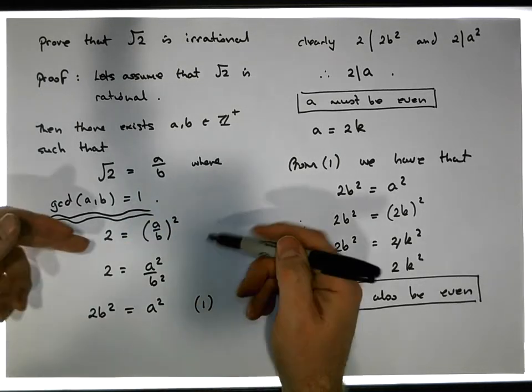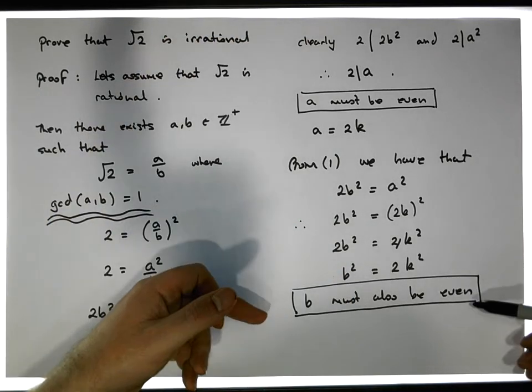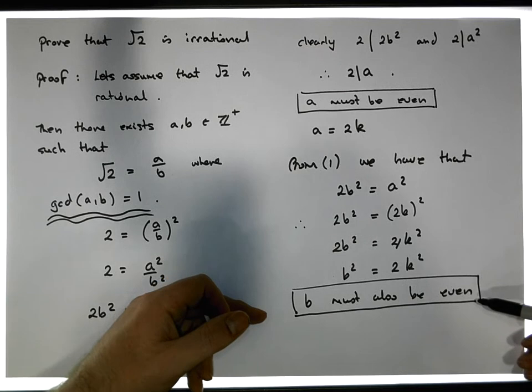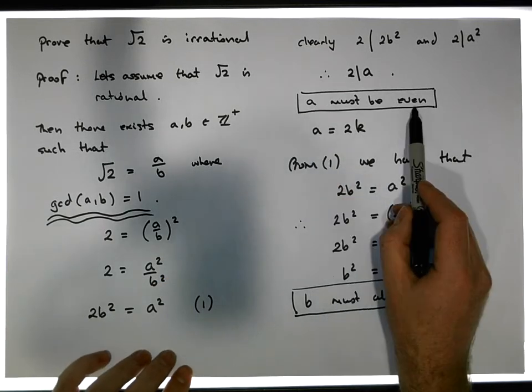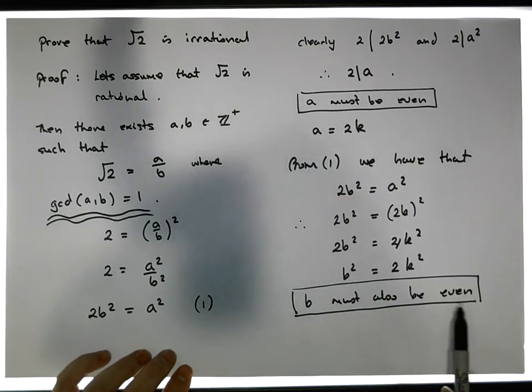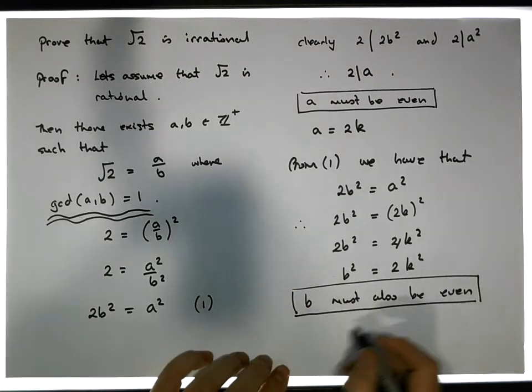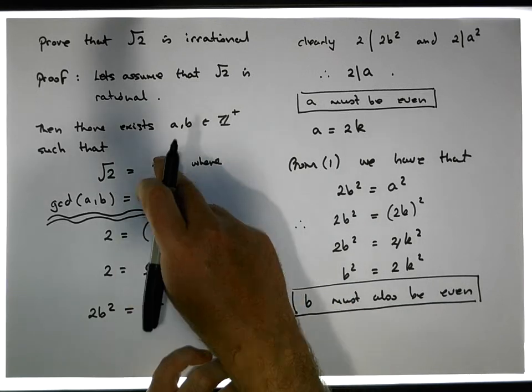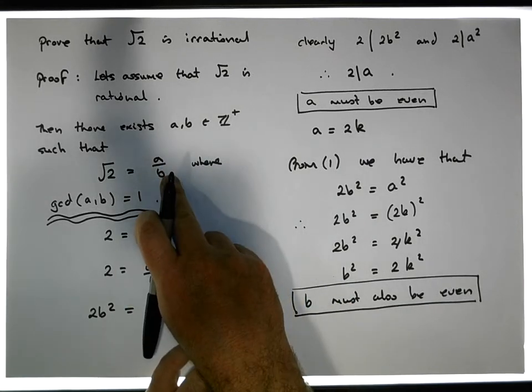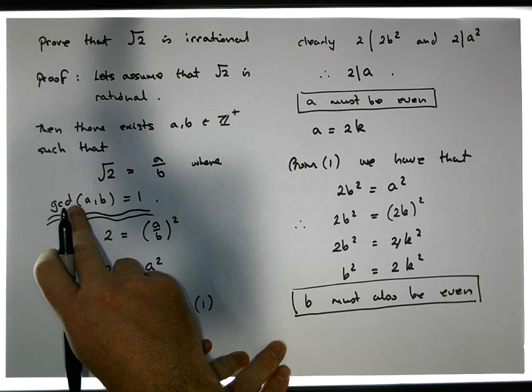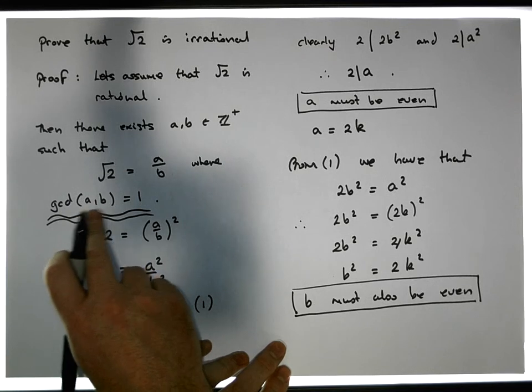What we've shown through this derivation is that a must be even and b must be even. If both of them are even, that means there's a common factor of 2 between both of them, which contradicts our choice of a and b that we made earlier, that a and b have no common divisors.